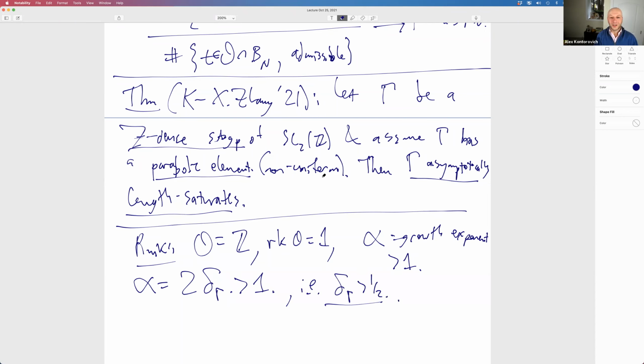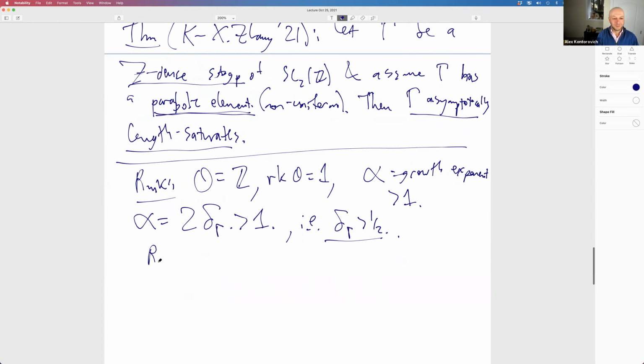So the remark is that if you have a parabolic element and you're Zariski dense, this is a basic fact: Zariski dense and non-uniform implies that the Hausdorff dimension of the limit set exceeds 1/2. This is an easy counting statement.